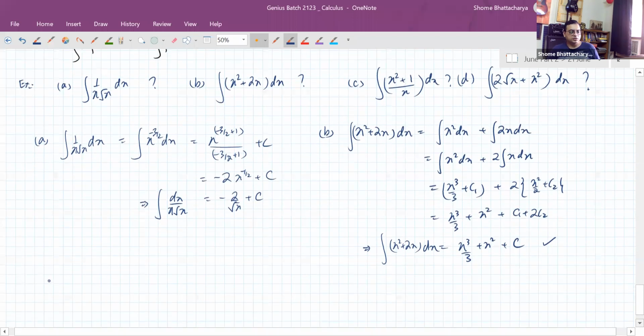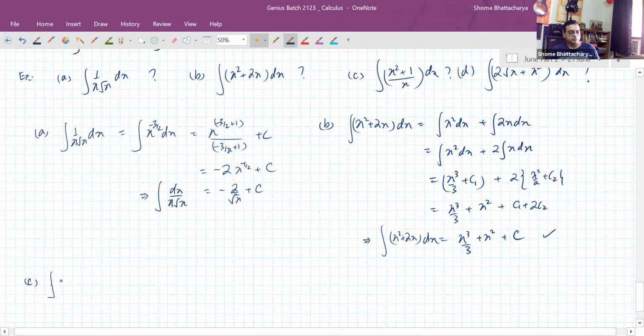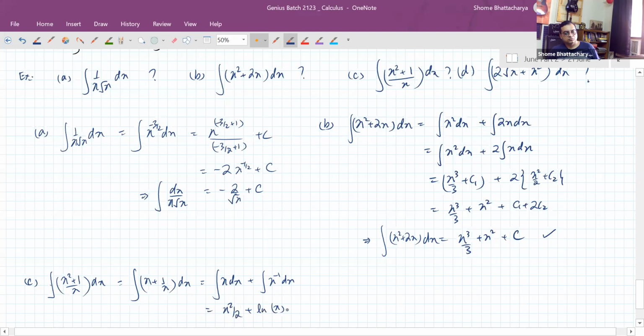Okay, so similarly, the third one, see that, separate it out like this. Write a combined constant for the two integrations.